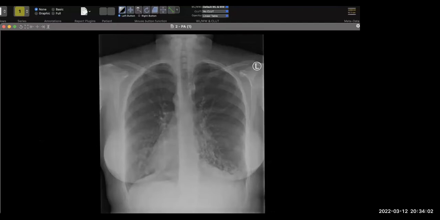So in summary, this appears to be a case with dextrocardia, bronchiectasis in the lower lobes, and possible nodular opacity along the left hemithorax. My first differential could be Kartagener syndrome. I would like to know more about the history of the patient, and compare with any previous images to see the bronchiectasis progression.